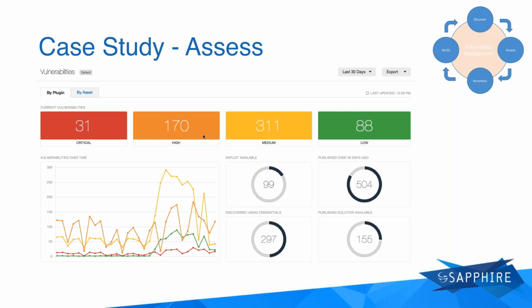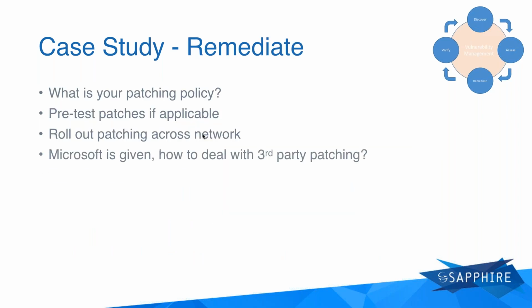And as you can imagine, these types of tools have other ways of being able to consume this data to help us plan our remediation moving forward, assess what's on our network and plan going forward. So once we have that information in and we've assessed the data, we need to push out remediation. Look, this is all about your patching policy.